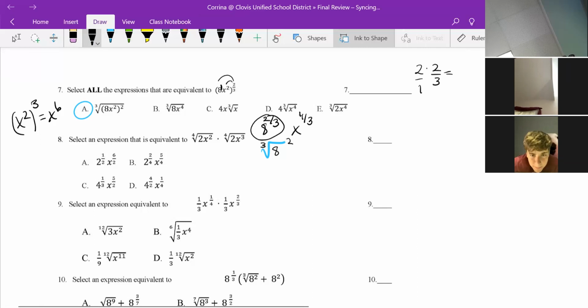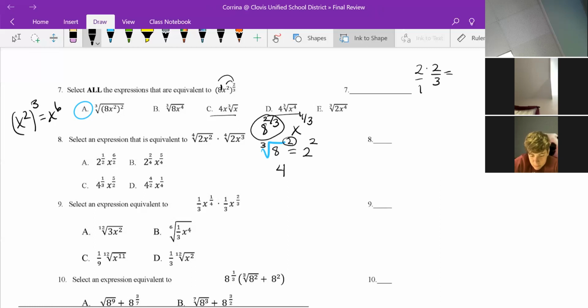The cube root right there, the 3 goes in the pocket. Do you see it? Oh, yeah. And 8 is a perfect cube. What's the cube root of 8? 2. So then my answer is not 2, but 2 raised to what power? The second. 2 squared, which is 4. Okay, so it looks like C and D might be possible answers.